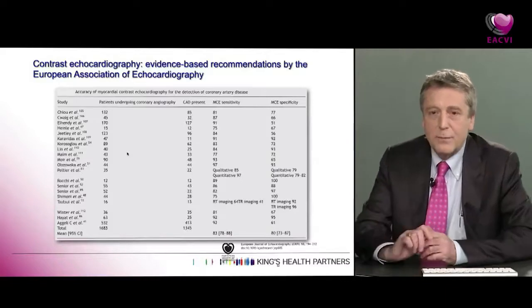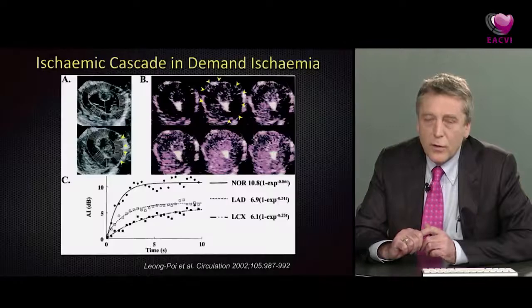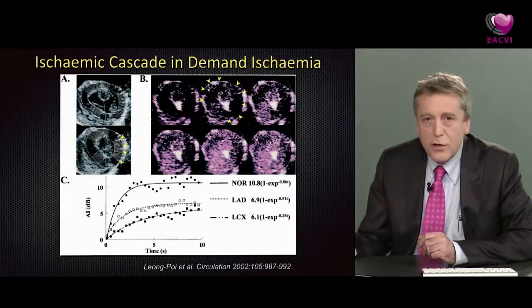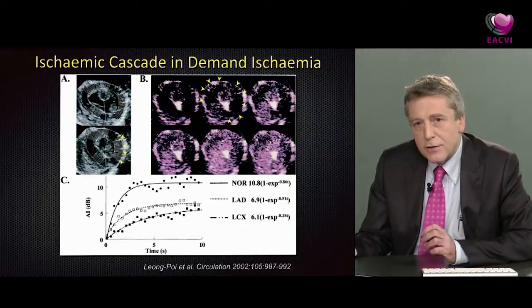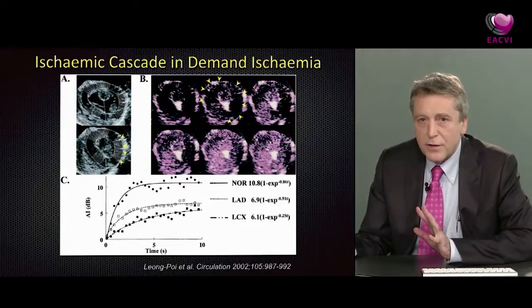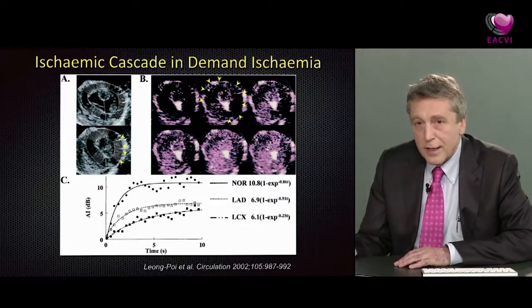And I like this paper because although it's very old, it underlines very much what we saw in that ischemic cascade. This is a dog model where there were ligations or coronary stenoses produced in the LAD and the circumflex territories, but not in the right coronary territory. And it was during dobutamine stress echo where contrast was being given.